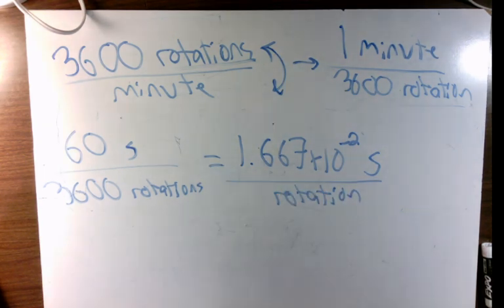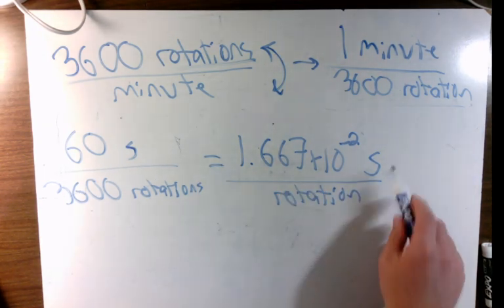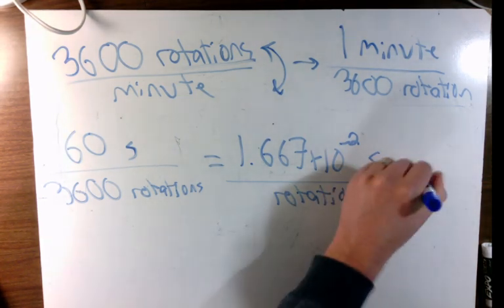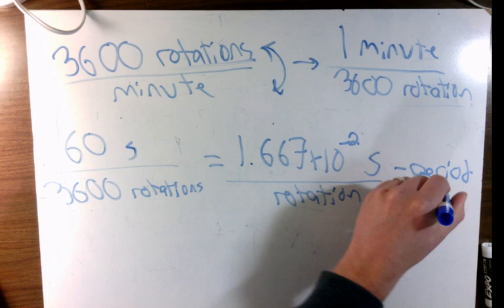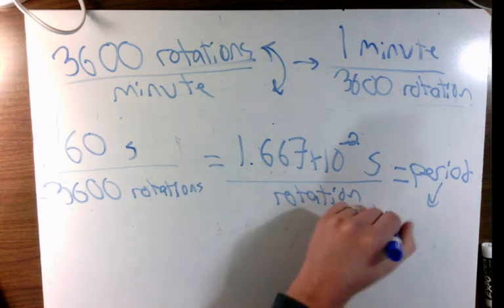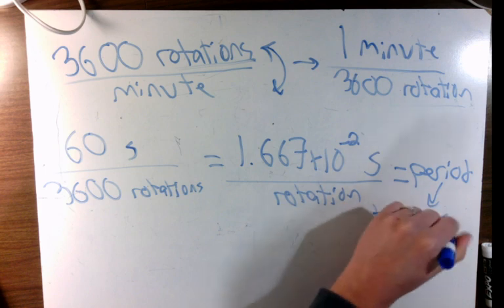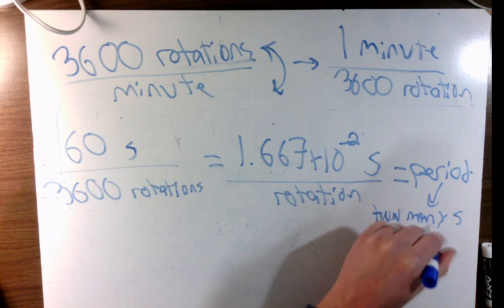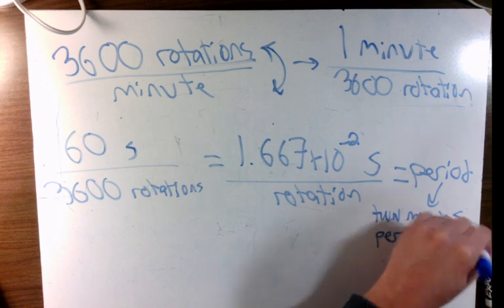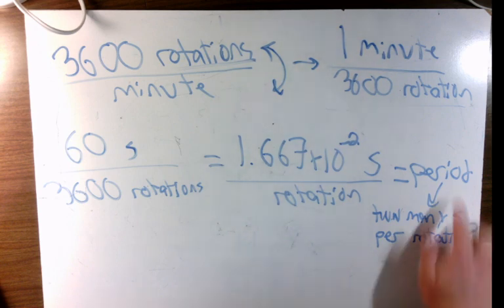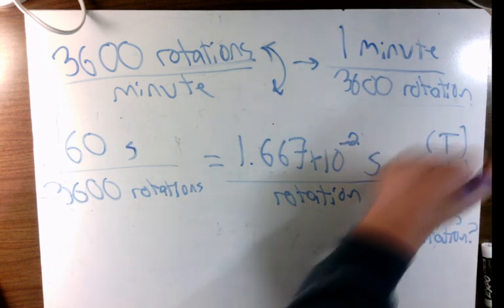And what do we call seconds per rotation? That's going to be our period. All right, period is always how many seconds per rotation. So, big, long, complicated way to get to period, which of course is our capital T.